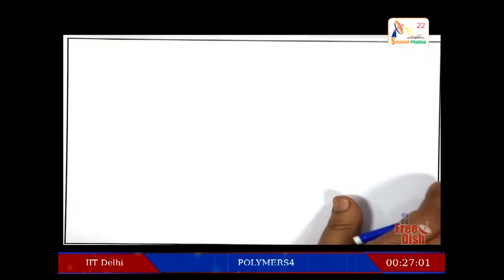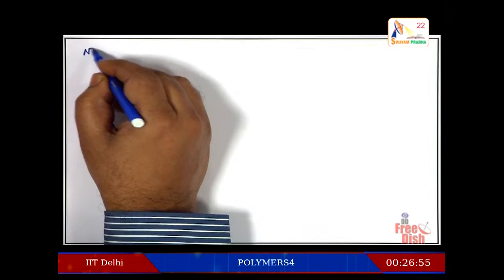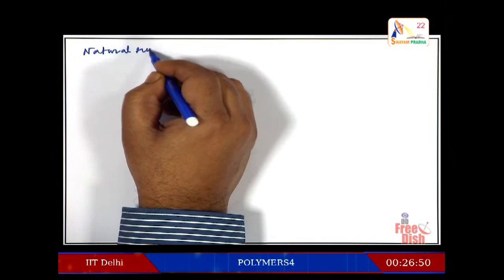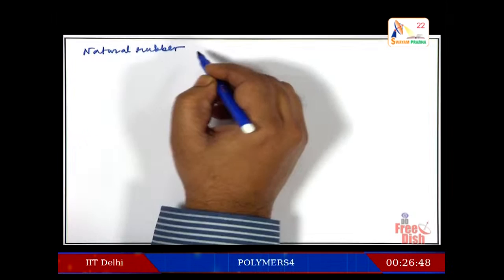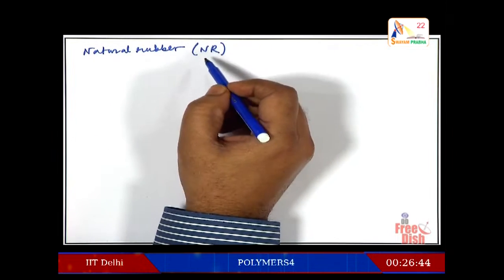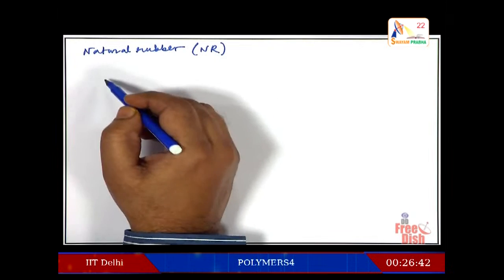The first rubber which was obviously useful and utilized was natural rubber. We can write just NR for natural rubber, and natural rubber is often milky white.